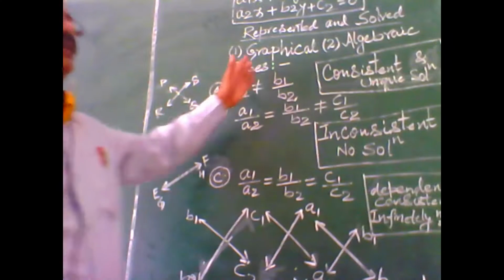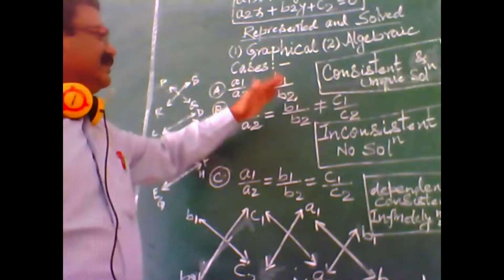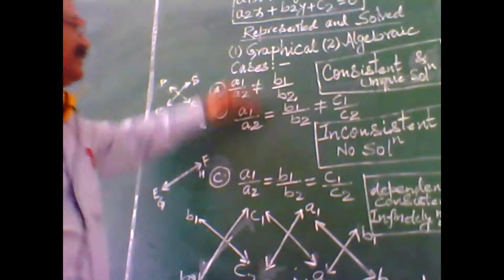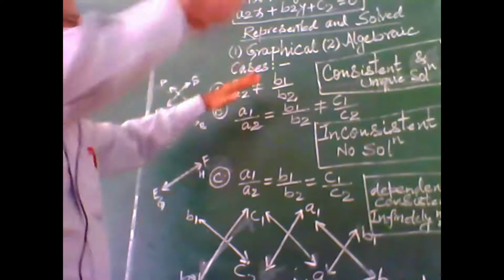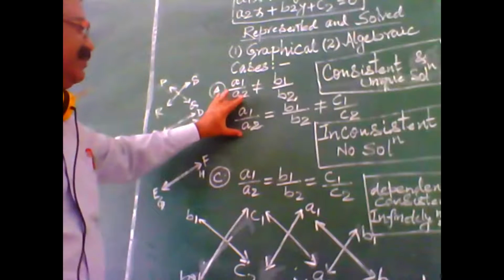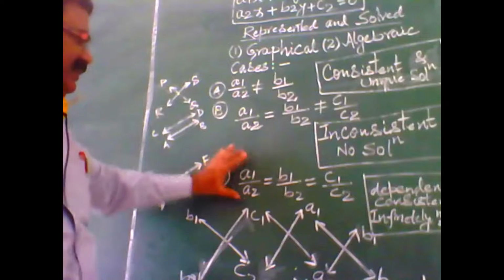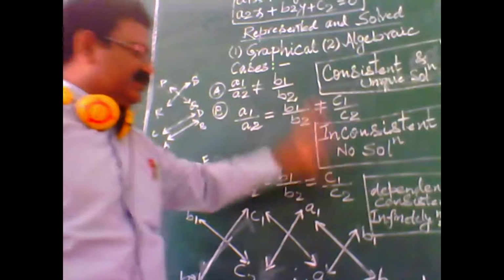In the algebraic method there are 3 cases: a1 by a2 not equal to b1 by b2; second, a1 by a2 equal to b1 by b2 not equal to c1 by c2; and third, a1 by a2 equal to b1 by b2 equal to c1 by c2.